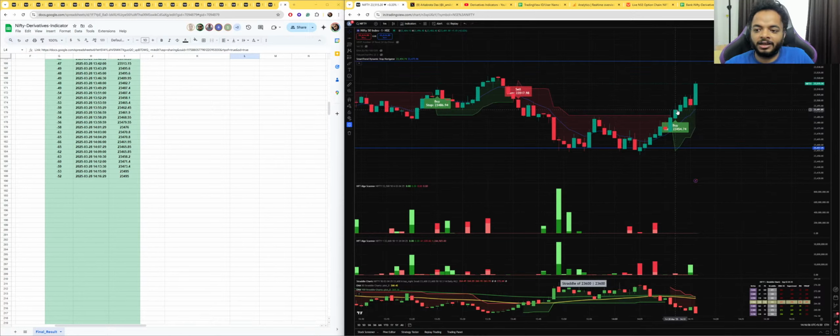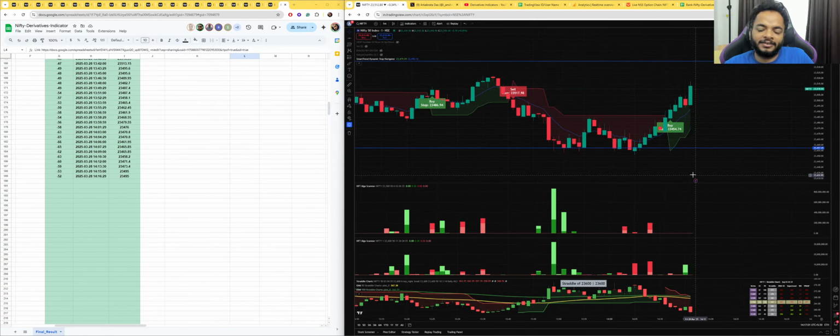As you can see now, from 23,491 it's now at 512. So let's say 490 to 512, it's like 20 points. If you are at the money or in the money, you easily get a 10 to 15 points move.